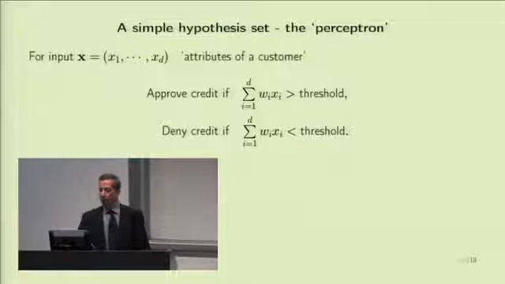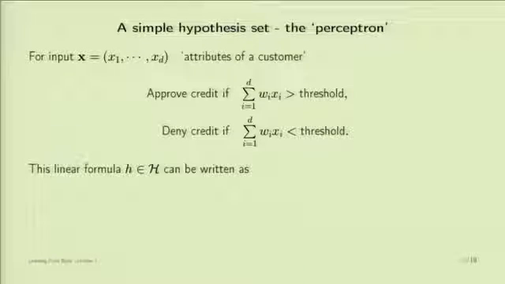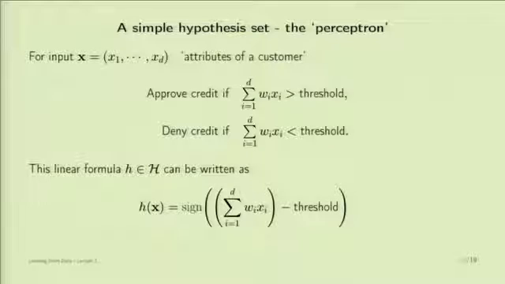Okay, so now we take this and we put it in the formalization we had. We have to define a hypothesis, small h, and this will tell us what the hypothesis set is, which has all the hypotheses that have the same functional form. So you can write it down as this. This is a little bit long, but there is absolutely nothing to it. This is your credit score, and this is the threshold you compare to by subtracting.